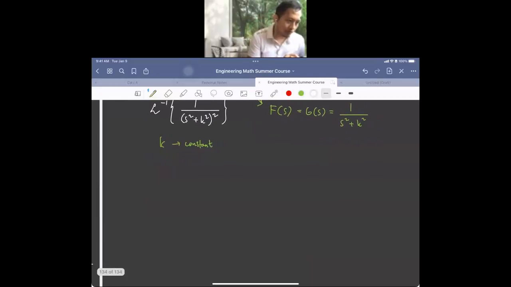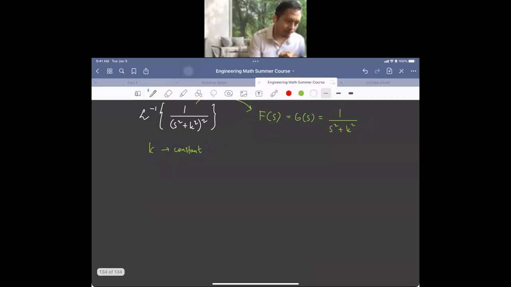Now we want to take the Laplace inverse of this. This we call f, let's say f(t).